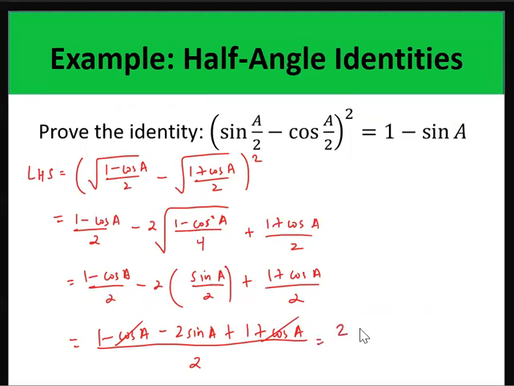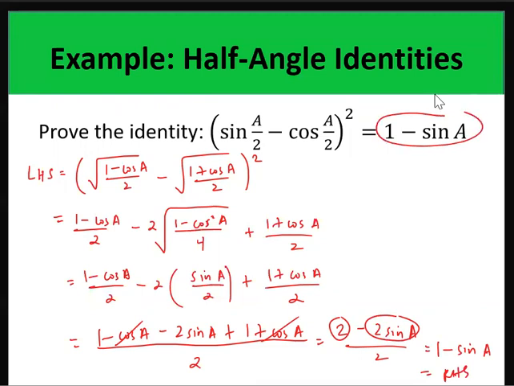So this will be 2 minus 2 sine A all over 2. Now, if we divide both terms by 2, then we will be getting 1 minus sine A, which is our right-hand side. So this proves our identity.